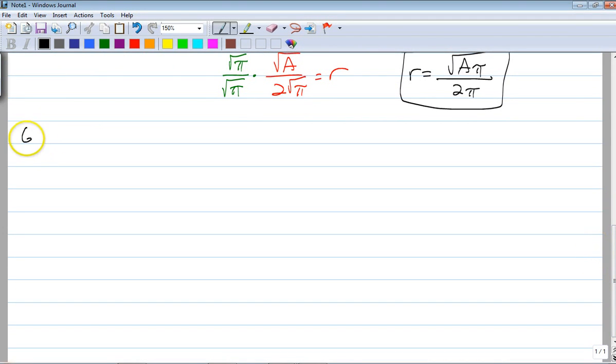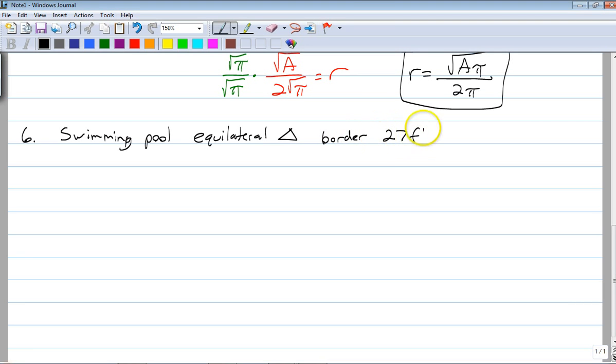Number 6. Let's do a little bit of a word problem. You have a swimming pool. So swimming pool, that's an equilateral triangle. And then it says the border is 27 feet.